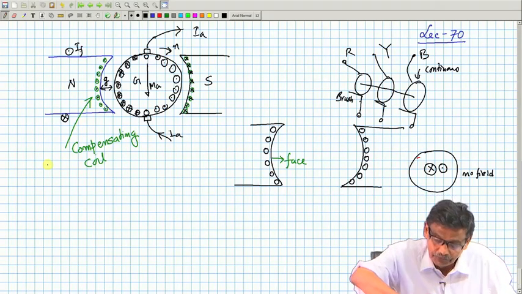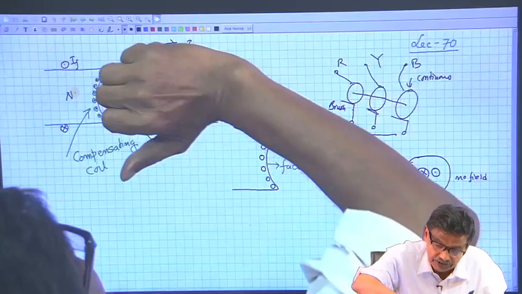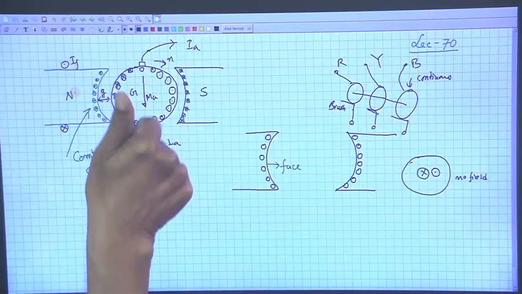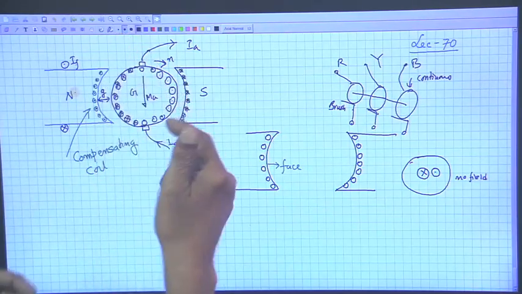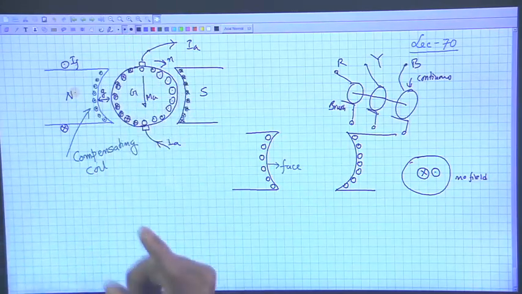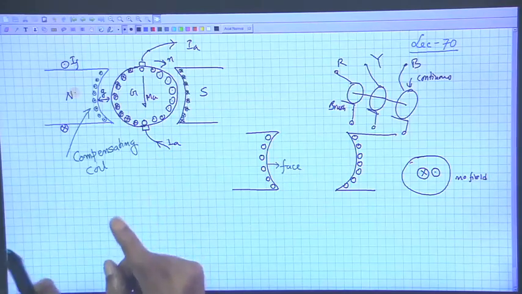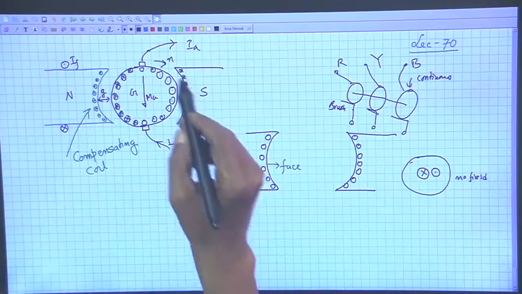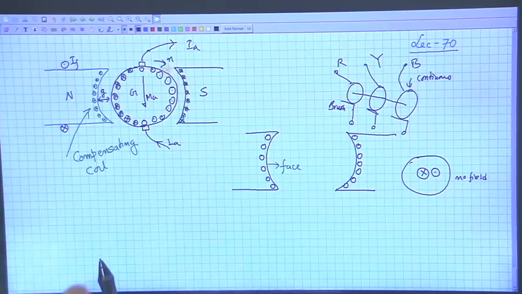Learning from this example, cross dot nearby place. So, armature was producing flux like this, compensating coil will produce flux in the opposite direction and they will nullify. They will be in a position to nullify provided this compensating winding is connected in series with the armature.